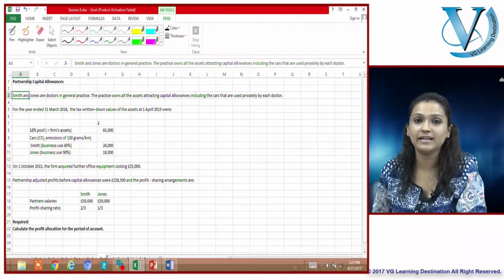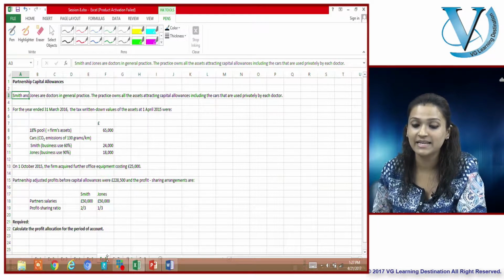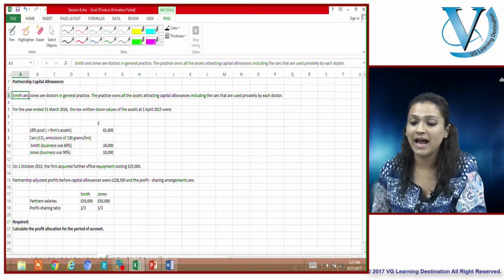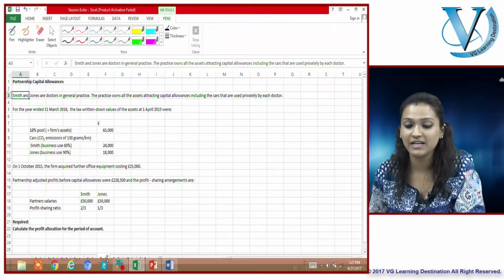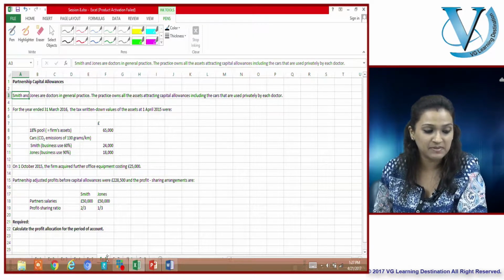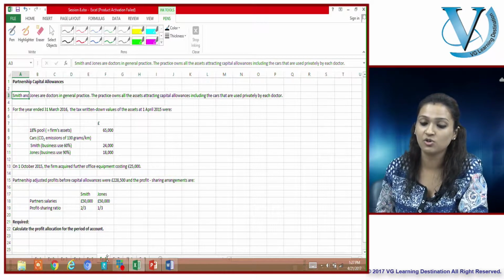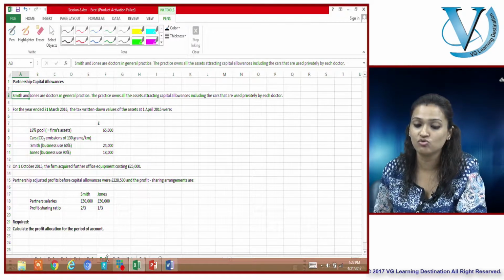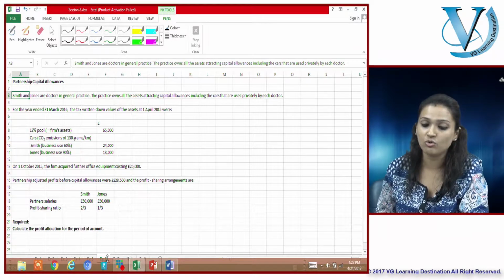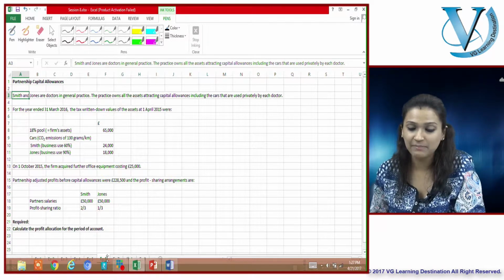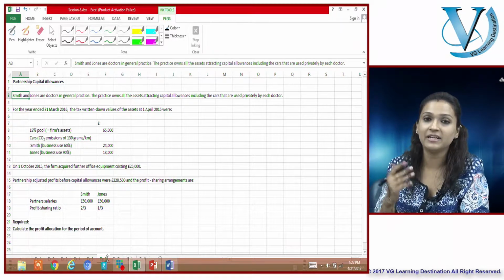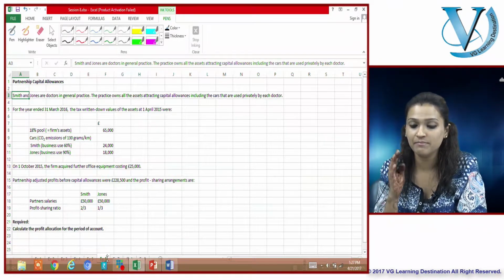For the year ended 31st of March 2016, the tax written down value of the assets at the 1st of April 2015 is as follows. The 18% pool is given, a car with CO2 emission of 130 grams is given, Smith has a business use of 60%, Jones has a business use of 90% of the cars. So there is private use of both these cars, so you definitely need to do it on an item by item basis.